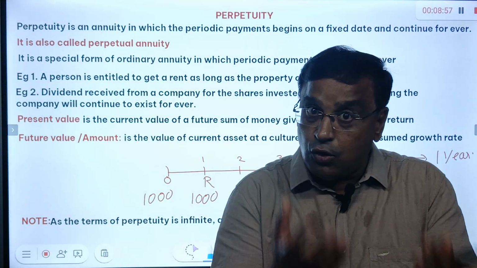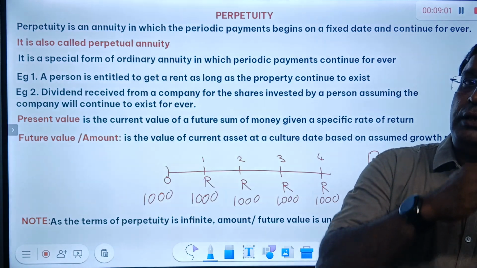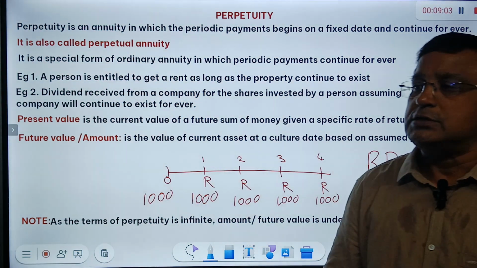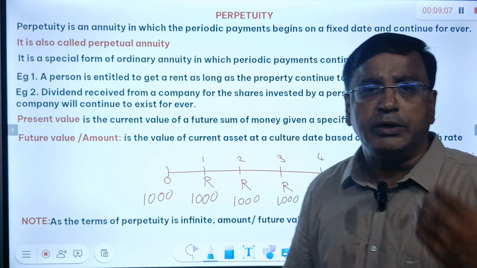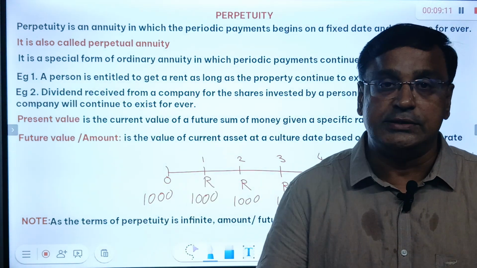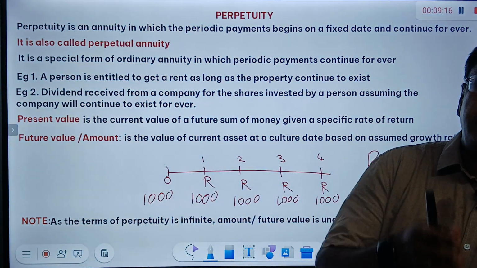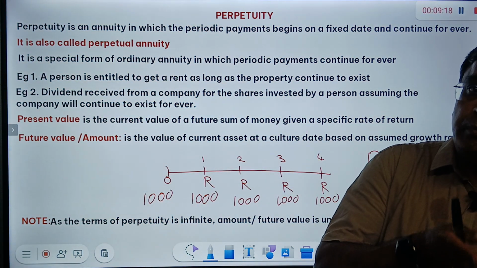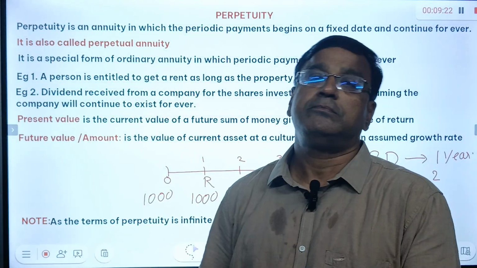Suppose the house rent is 1,000 rupees per month. So every month you will be paying 1,000 rupees to me. As long as that house belongs to me, as long as that house exists, I will continue to get the 1,000 rupees. So this payment of 1,000 rupees that you make every month will go on forever, indefinitely.